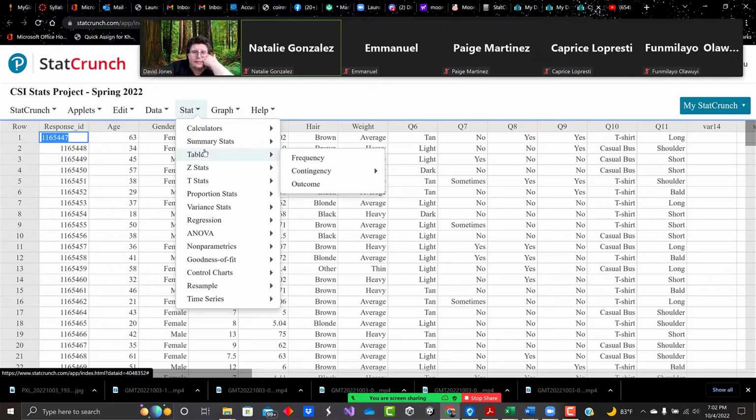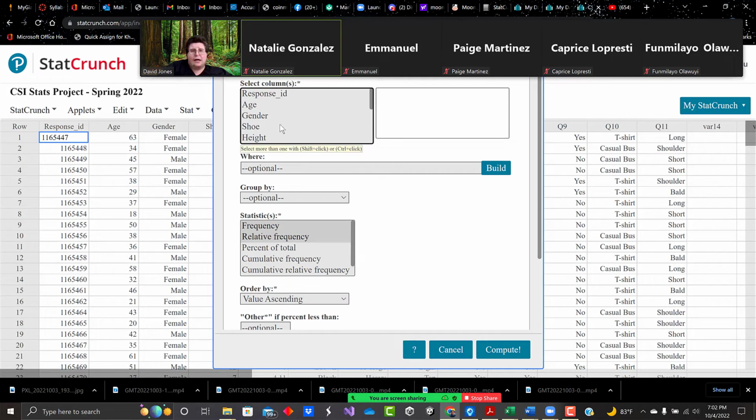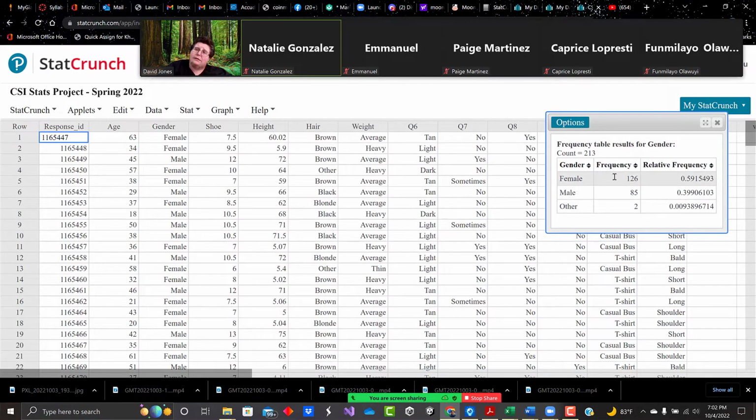Let's do stats, tables, frequency. I'm going to get the genders again. I don't remember where they are. So female, we have 126 out of 213, and that is the probability. So I'm going to write this down and I'll switch back over to it real quick. I've got p equals 0.59.